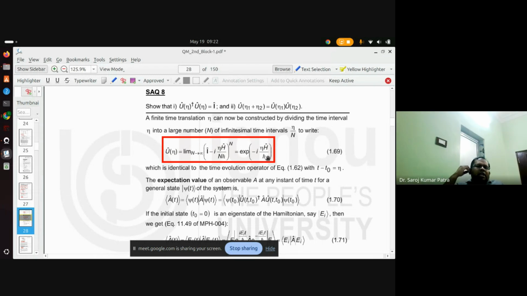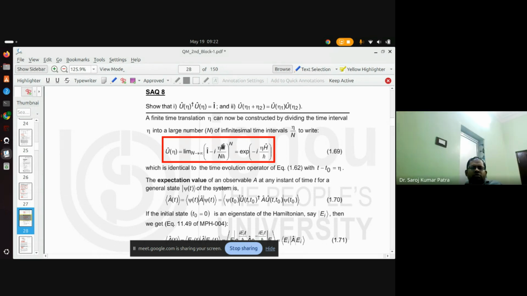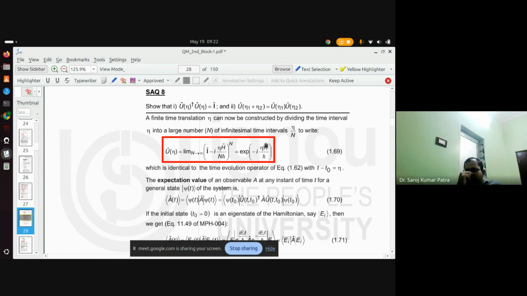So you already have done it actually, but how exactly it came as a time evolution? So here basically the unitary operator should be of the form (1 minus i eta H cap by N h cross) to the power N. So if we take N tending to infinity, this will basically reduce to this exponential form, which is obvious, which we have already used, and all the results are coming good, right?